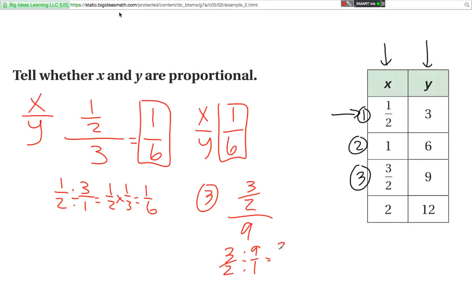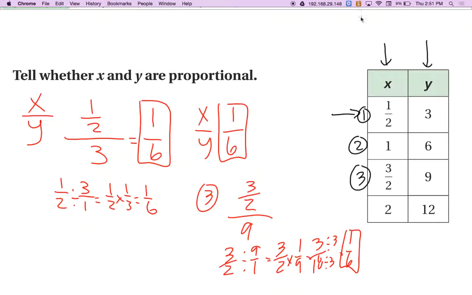That becomes 3 over 2 multiplied by 1/9. Top times top, bottom times bottom gives me 3/18, which when you simplify by dividing both by 3 becomes 1/6. So we confirmed that this entire table is proportional. Everything is running through proportionally. All right, so that one's good.